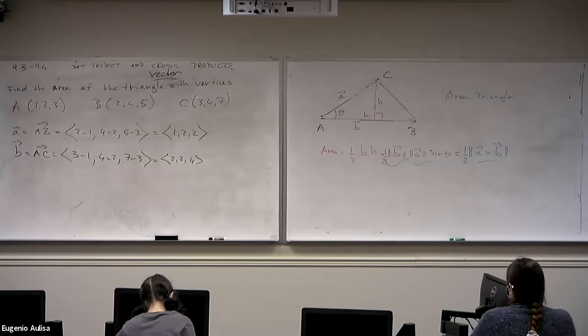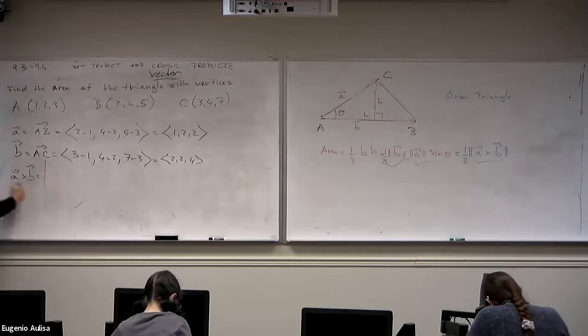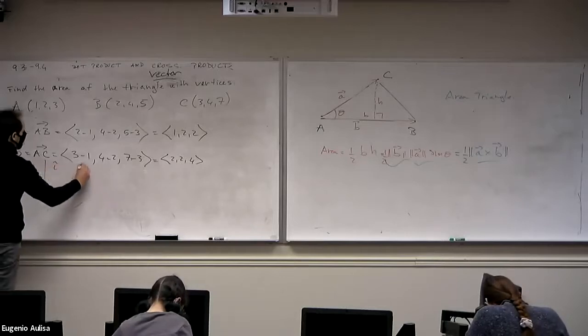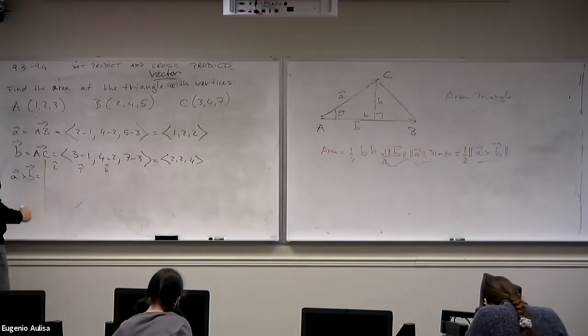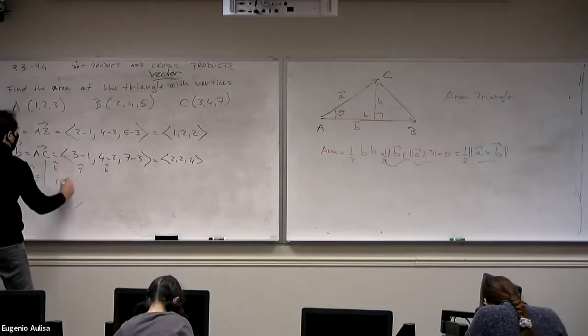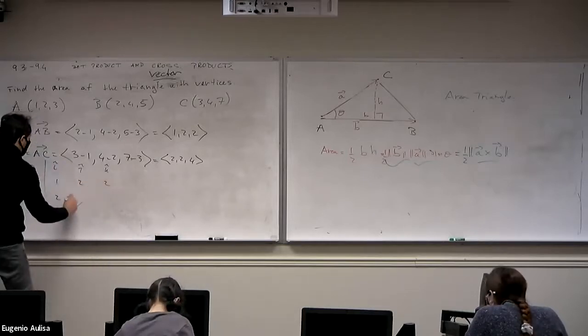Okay. Then we can evaluate A cross B, which is the determinant of the matrix with rows I, J, K, then 1, 2, 2, and 2, 2, 4.